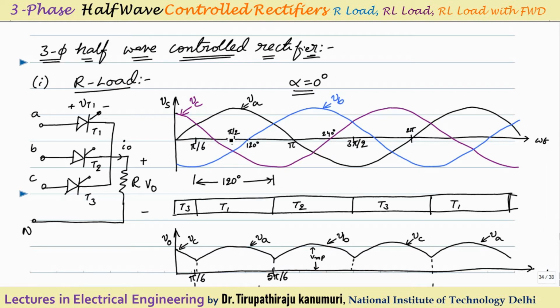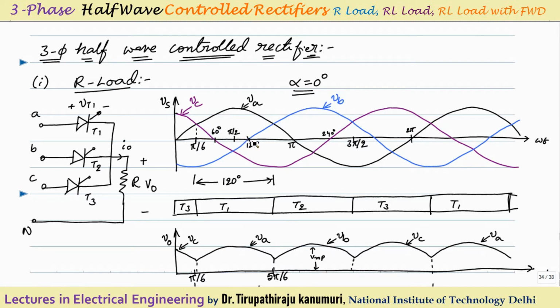Now let us try to divide these timings also. At 30 degrees VA becomes greater than VB and VC. So this instant is 30 degrees, and this will be at 60 degrees. At 60 degrees VC becomes 0, and from 30 degrees onwards VA becomes positive, and at 90 degrees VA is at its maximum.